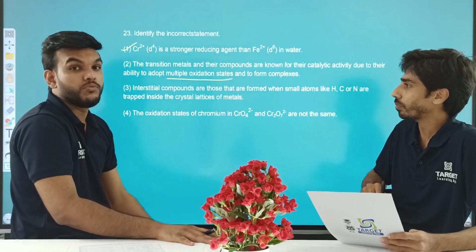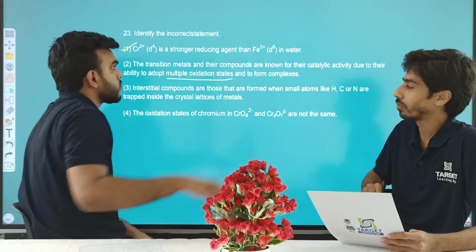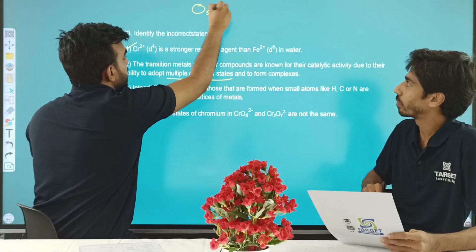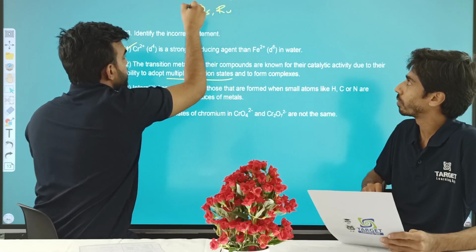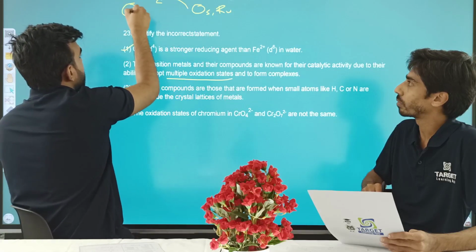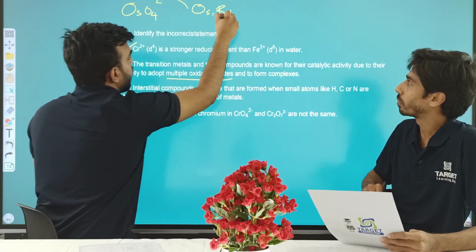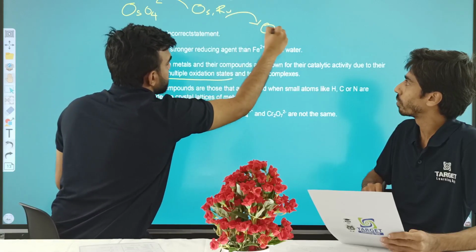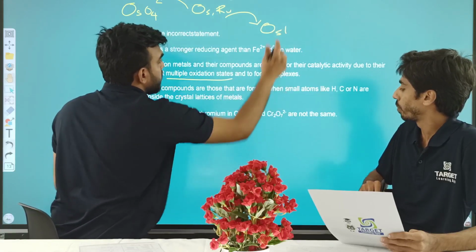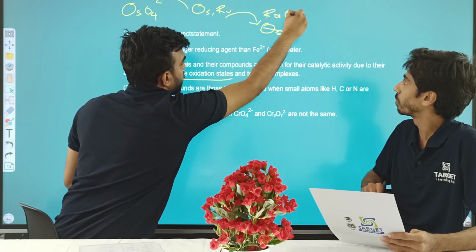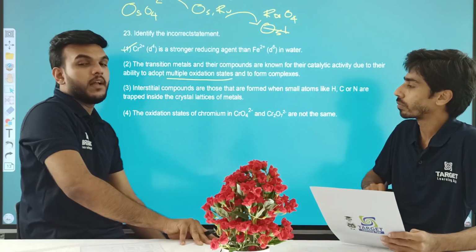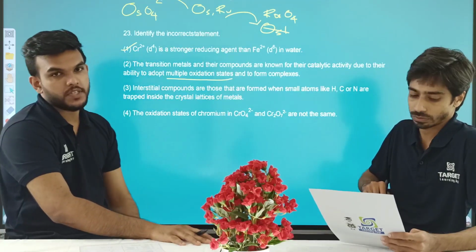And osmium and ruthenium are the two elements that show an oxidation state of +8. Osmium shows +8 in the compound OsO4, and ruthenium shows +8 in the compound RuO4.